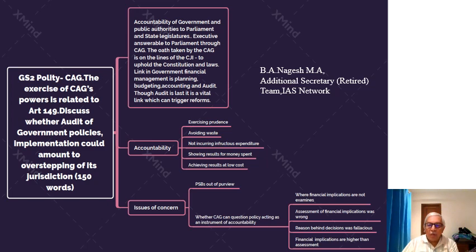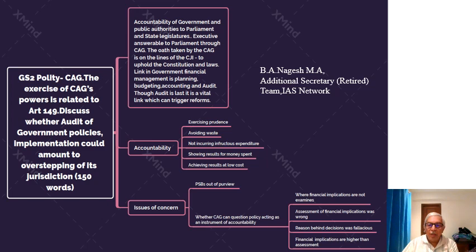Now, what I'm trying to emphasize is, it is not that the CAG cannot question policy. We have raised 4 hypothetical situations wherein there is nothing wrong if the CAG questions policy, because as I told you, the basic premises are wrong, or the government is going in the wrong direction.